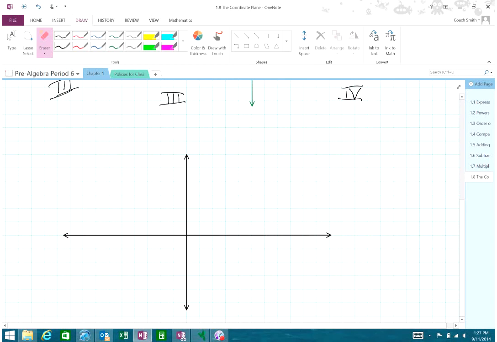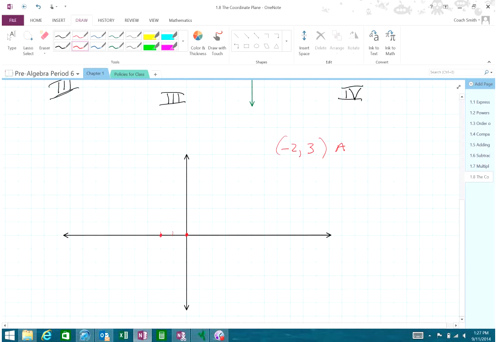So let's say I had the coordinates -2 and 3, and they're calling this point A. Okay, well, I'd start right here at 0, and I'd move to the left -2. So 1, 2.